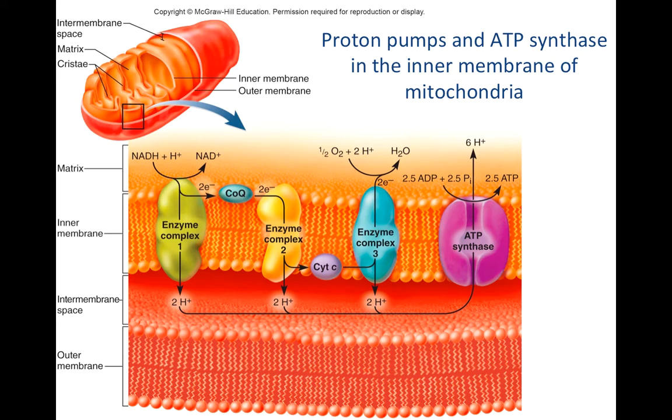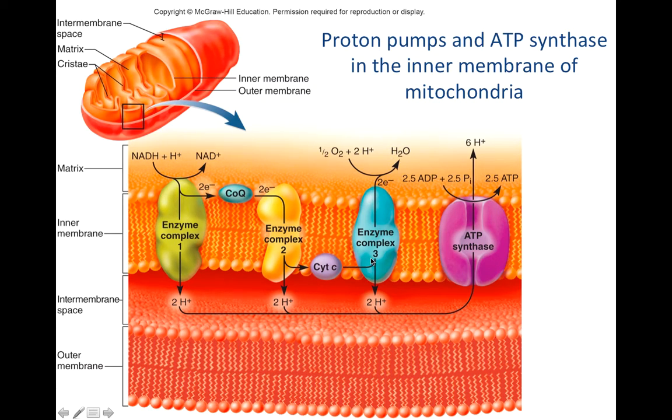Now we're going to do the same thing again. From cytochrome C, this electron carrier is going to send its electrons to oxygen. Oxygen is the final electron carrier of the electron transport chain. So as you add these electrons, these H's, this is going to form water. So this is metabolic water that we'll refer to later on.